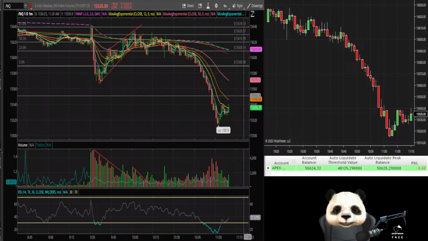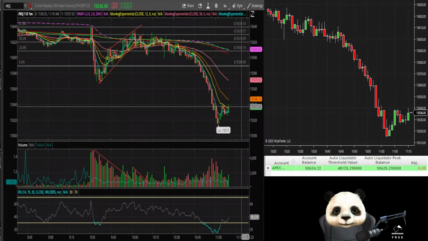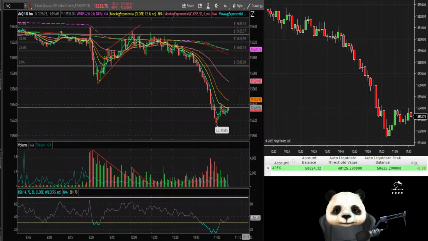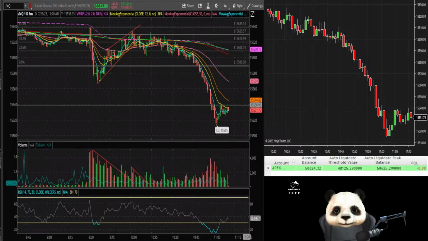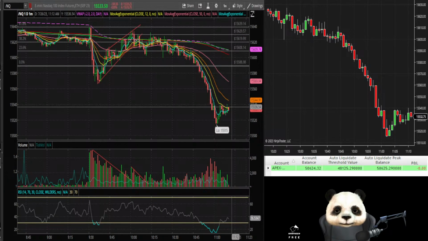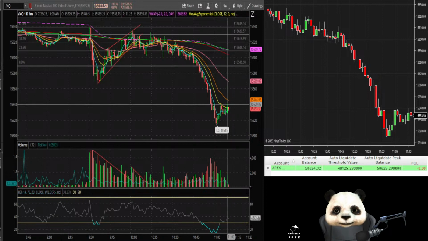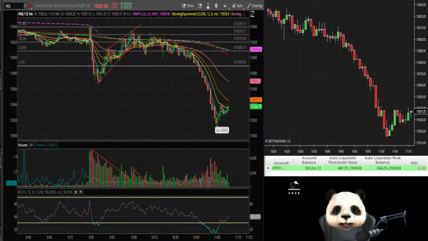It hit right on my stop, to the penny. But we did have a breakout above the 21 EMA on the S&P, so not too surprised by that.